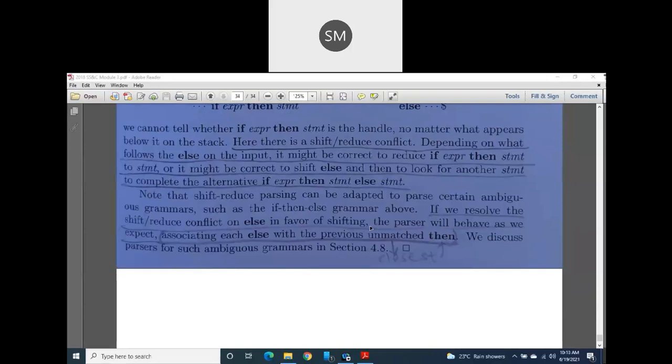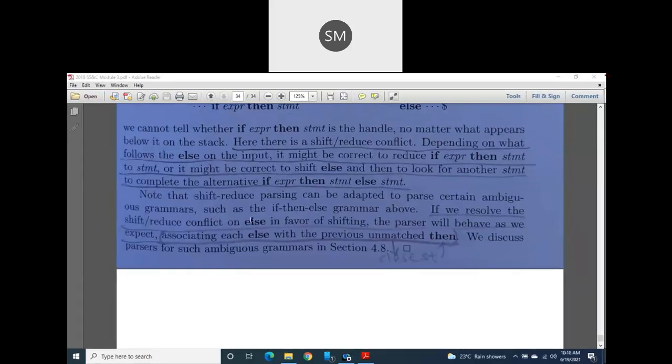If you resolve the shift reduce conflict on else in favor of the shift, it means if you perform shifting, not reducing, then that parser will be a very good parser, and it will behave as per our expectation. Which expectation? In the dangling else problem, what was the solution?